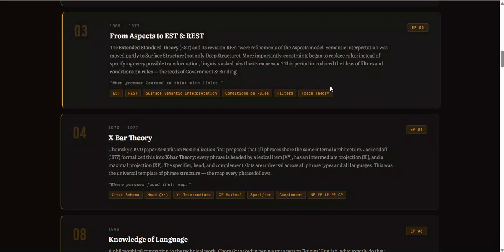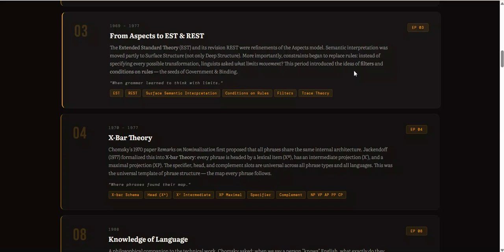Then the third work, that is from Aspects to EST, extended standard theory and REST. Extended standard theory and its revised version were movements of the aspects model.